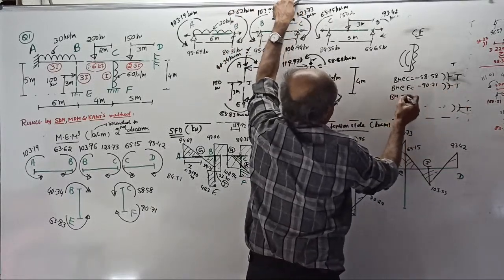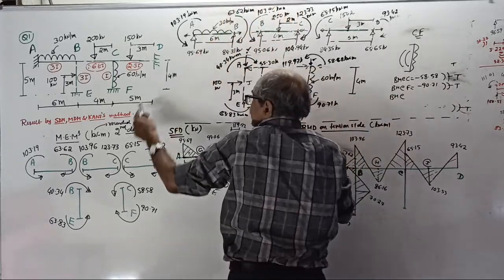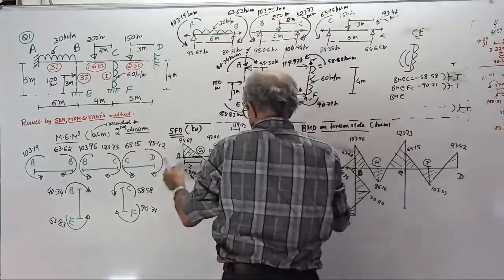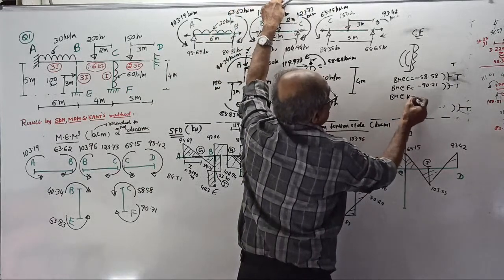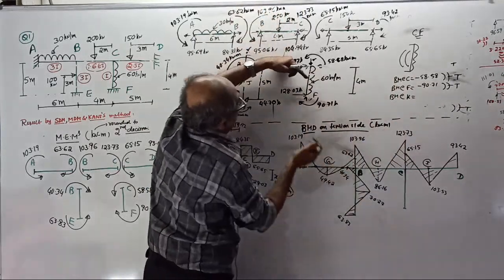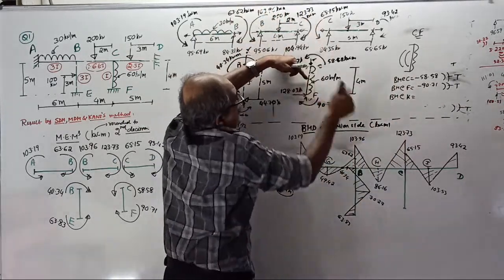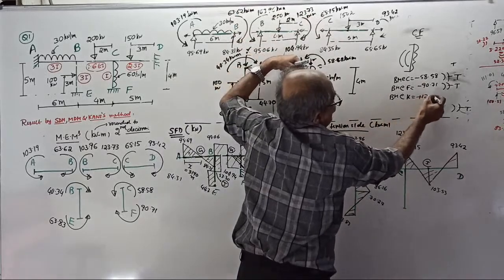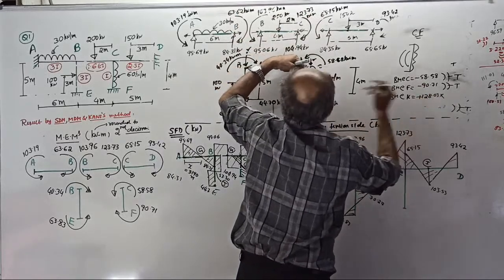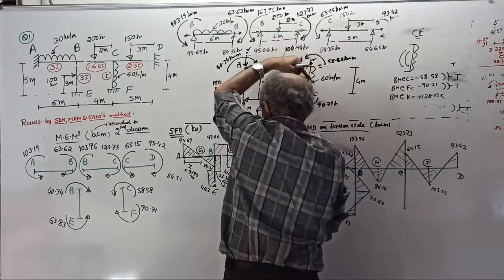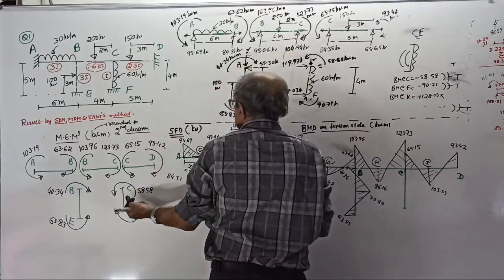And lastly, BM at one more point is there. What is that point? That is called K. At K equal to, look this side, plus 128.03 into this distance, which we already calculated. Where is the distance?